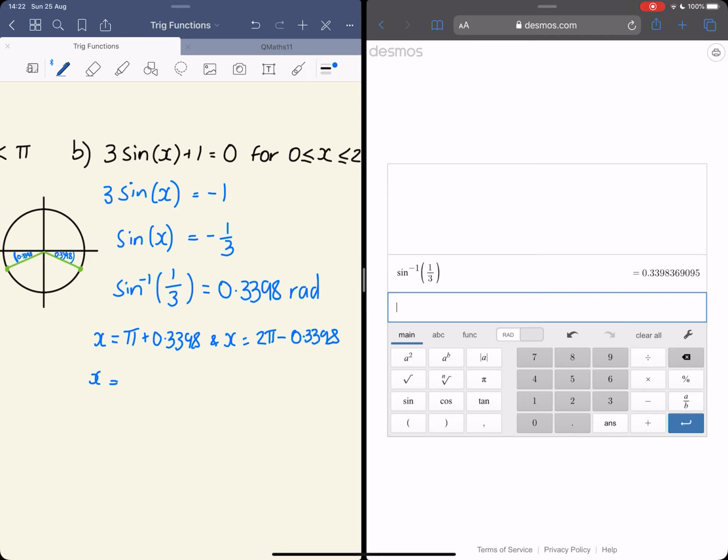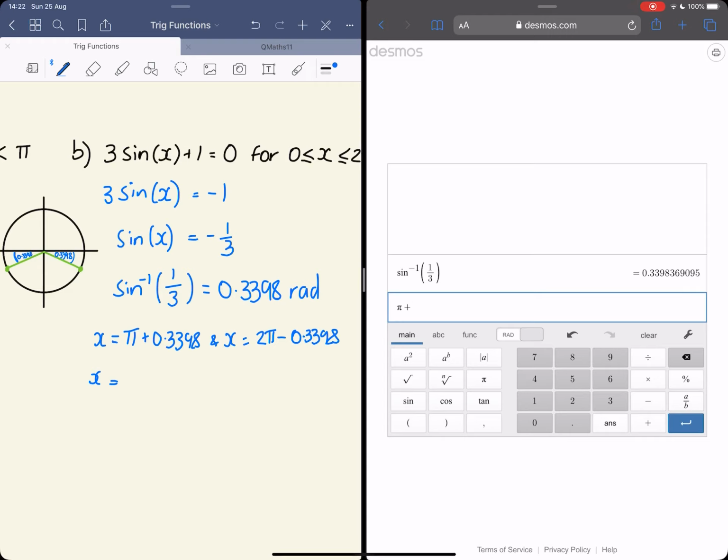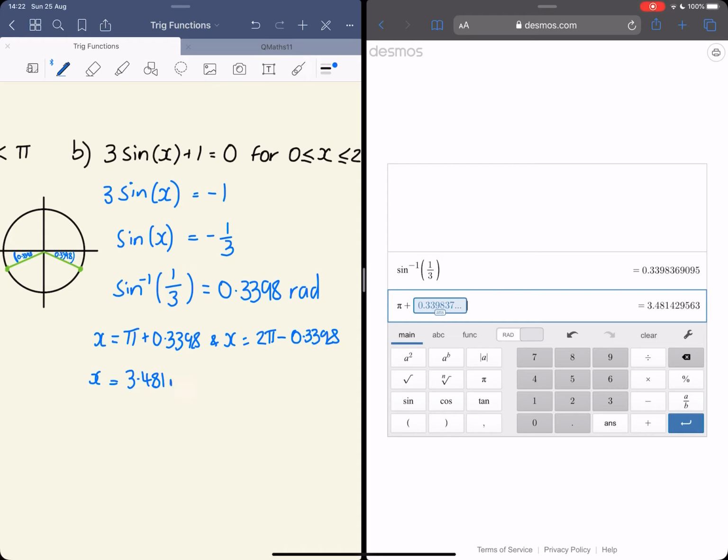So let's write the pi symbol and add that to our answer, and that'll get us 3.481 radians.